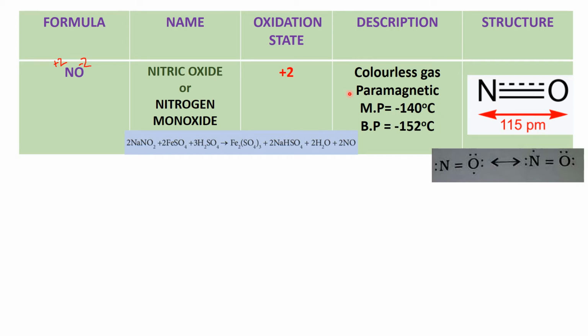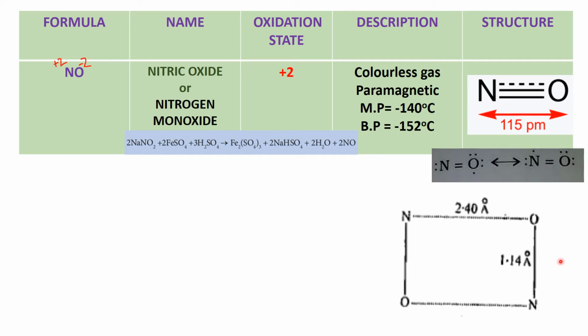However, the properties of nitrogen monoxide differ significantly from other odd electron molecules. For example, at room temperature, it shows little tendency to dimerize, a process which would have resulted in the pairing of the odd electron. In the gaseous state, nitric oxide has a linear structure, but in the solid state it shows a dimeric structure.